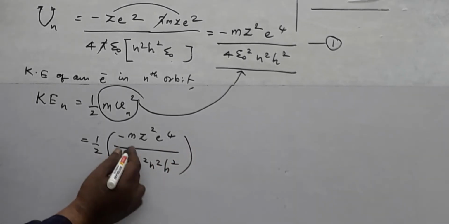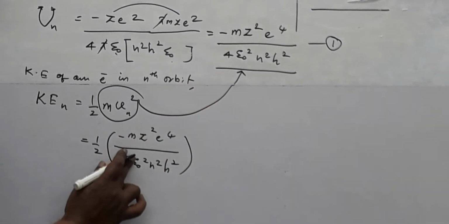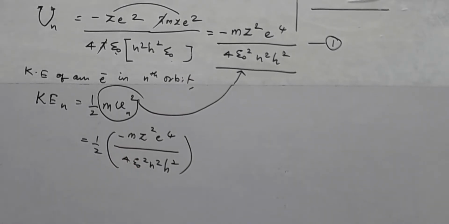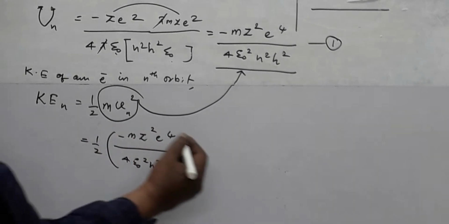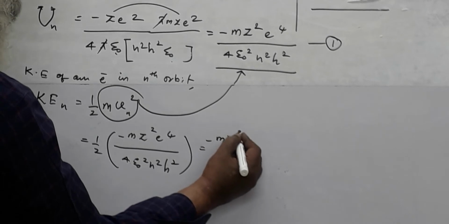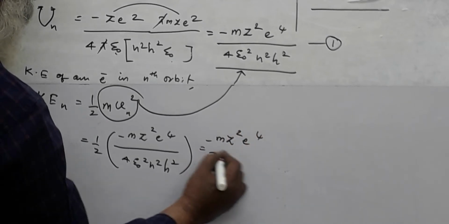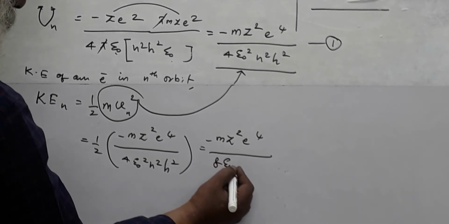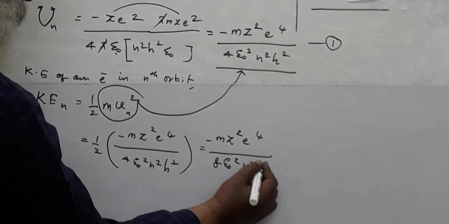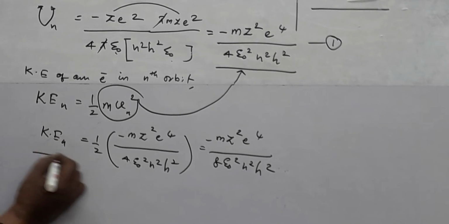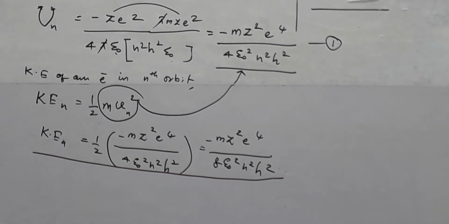Multiplying 2 into 4, we get minus m Z square e power 4 divided by 8 epsilon naught square n square h square. This is the kinetic energy of an electron in the nth orbit. This is the fundamental equation.